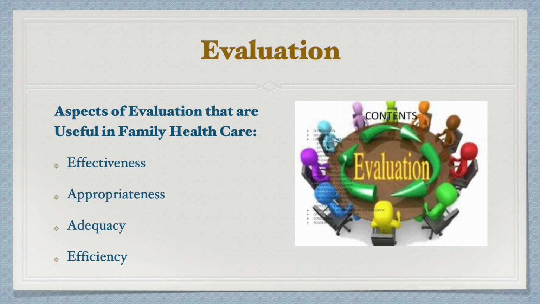Then lastly, we have efficiency, which is the relationship of resources used to attain the desired outcomes. So that answers the question, are the outcomes of family nursing care worth the nurse's time, effort, and other resources?